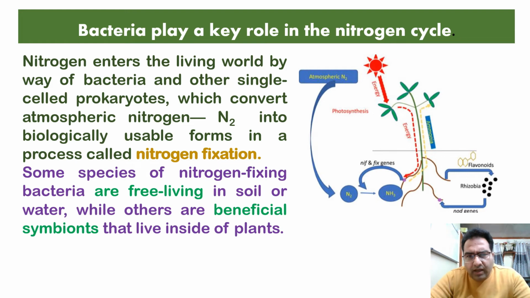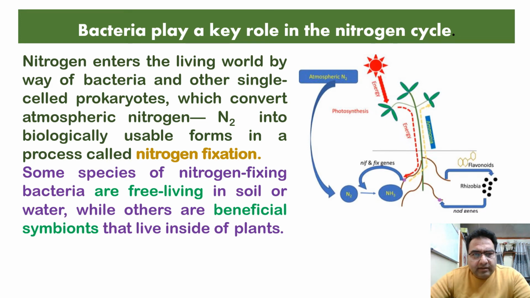And we have discussed earlier that bacteria play a key role in the nitrogen cycle. Nitrogen-fixing microorganisms capture atmospheric nitrogen by converting it to ammonia, which can be taken up by plants and used to make organic molecules. Then the nitrogen-containing molecules are passed to animals when the plants are eaten. They may be incorporated into the animal's body or broken down and excreted as waste such as urea, as found in urine.